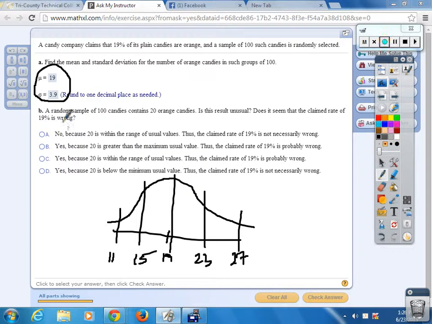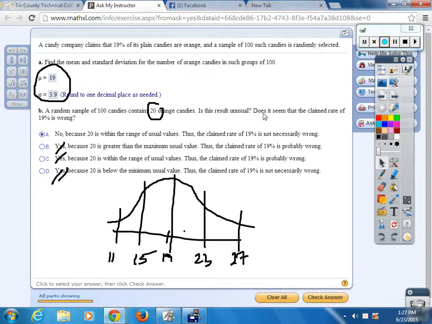So you buy a pack of candy and you got 20 orange candies. Is that normal or unusual? Normal. Is this result unusual, yes or no? No. So you automatically take out those. Then you say, the answer is no.